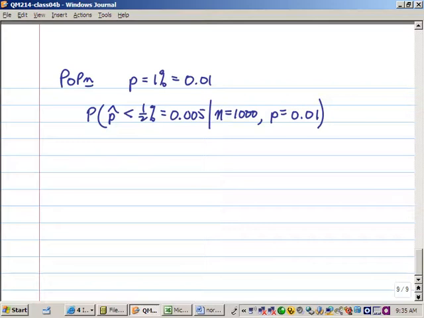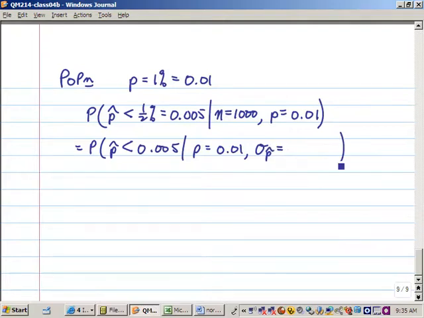Alright, so at this point we need to change that into a statement involving the mean and standard deviation of this approximately normal distribution.